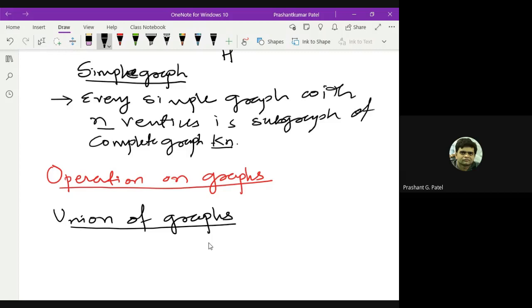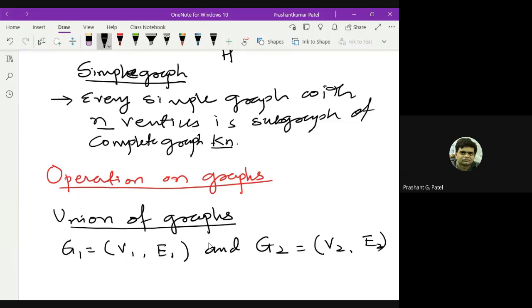If you have two graphs, let's say G1, which is (V1, E1), and G2, which is (V2, E2), and I want to define the union of G1 and G2, let's say there is another graph G3 equal to (V3, E3).